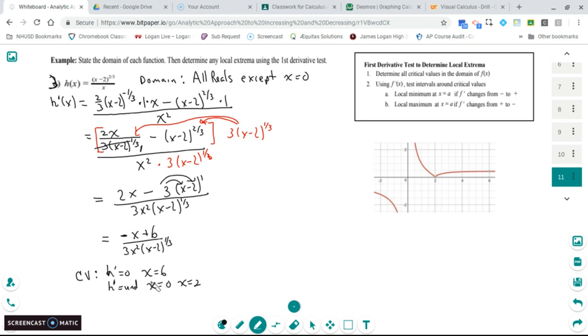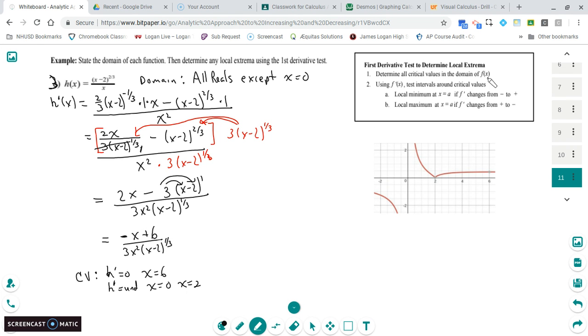Okay, now remember that the first derivative test is to determine all critical values that are in the domain. So because 0 is not in the domain, it can't be an extrema. But I do have possible extrema at 6 and 2.